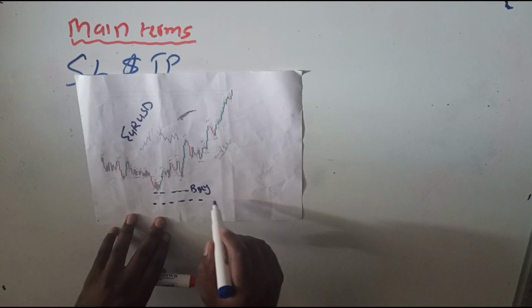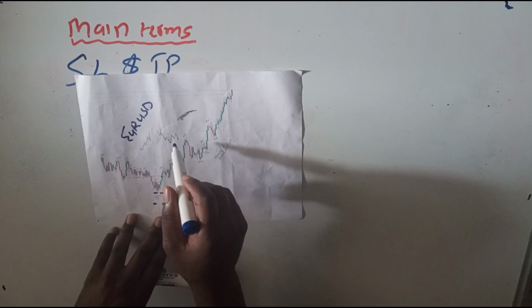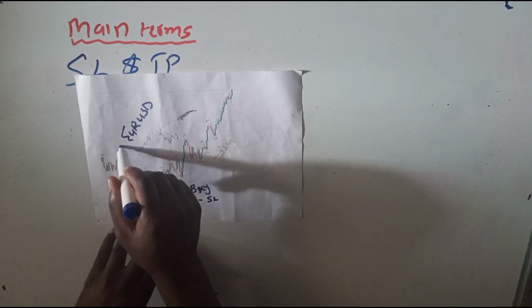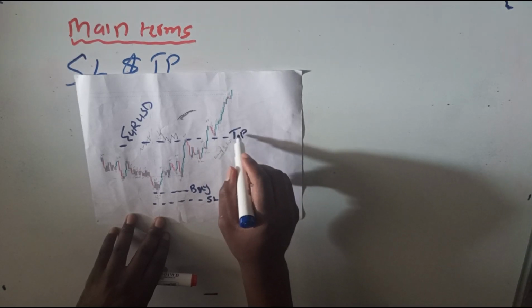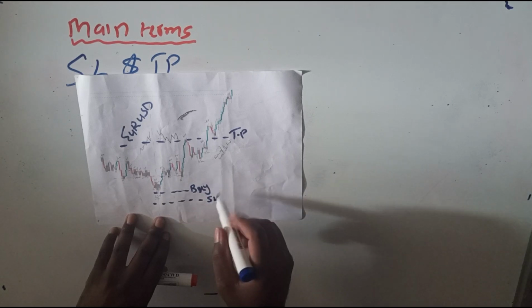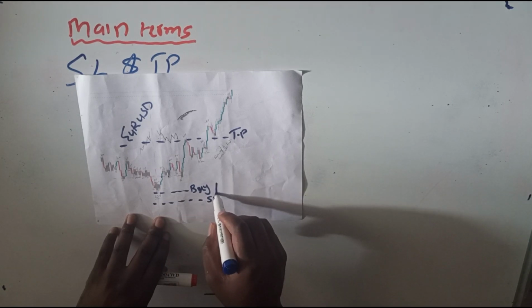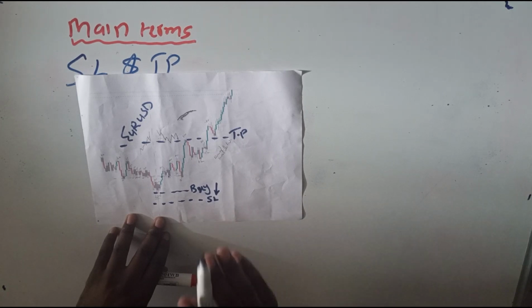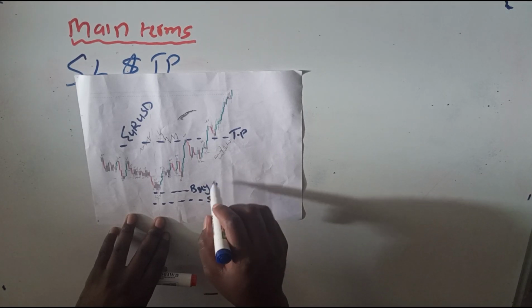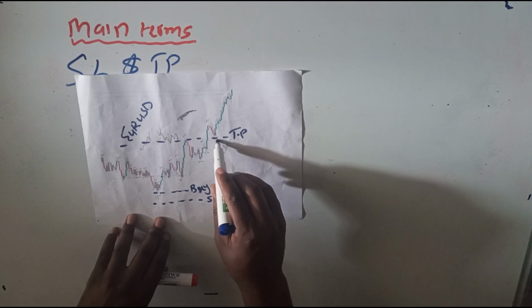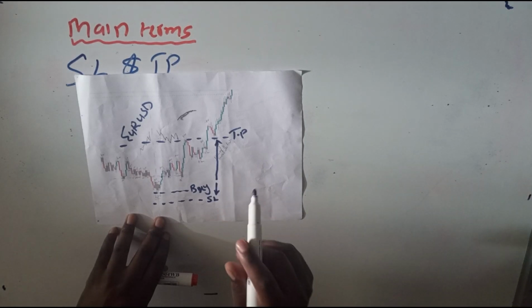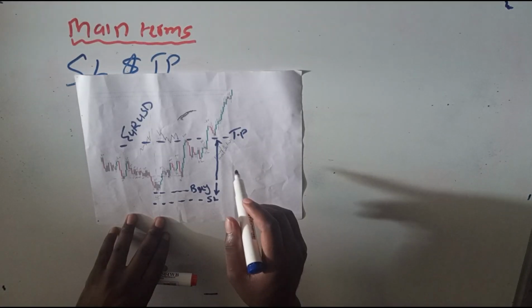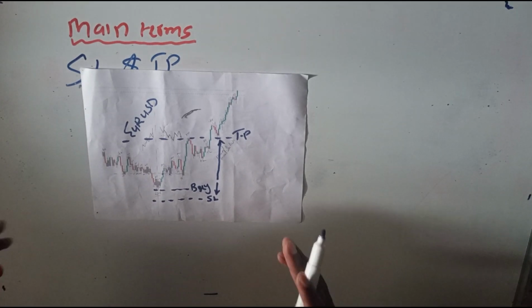We can put our stop loss here, and maybe we can put our take profit here. If the market goes down like this and hits the stop loss, it will close the order. If the market moves up and reaches the take profit, the order will also be closed and profit will be secured.